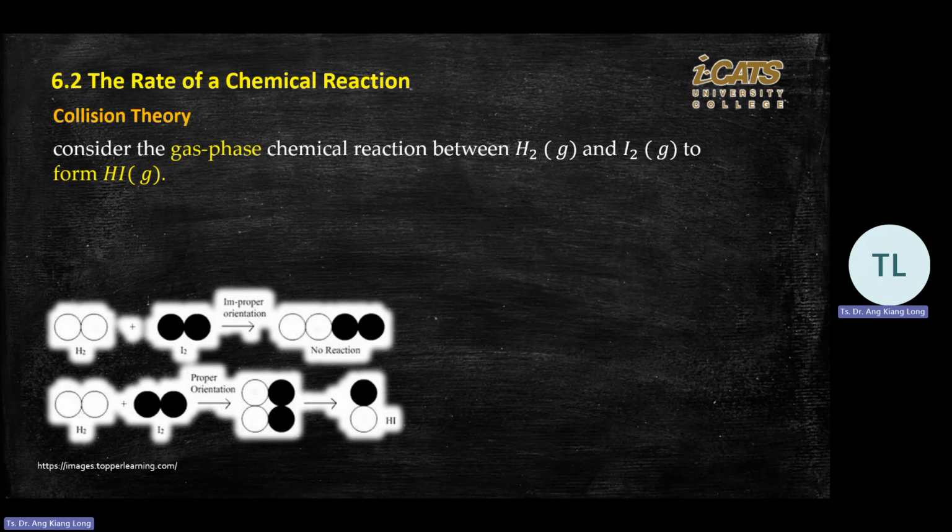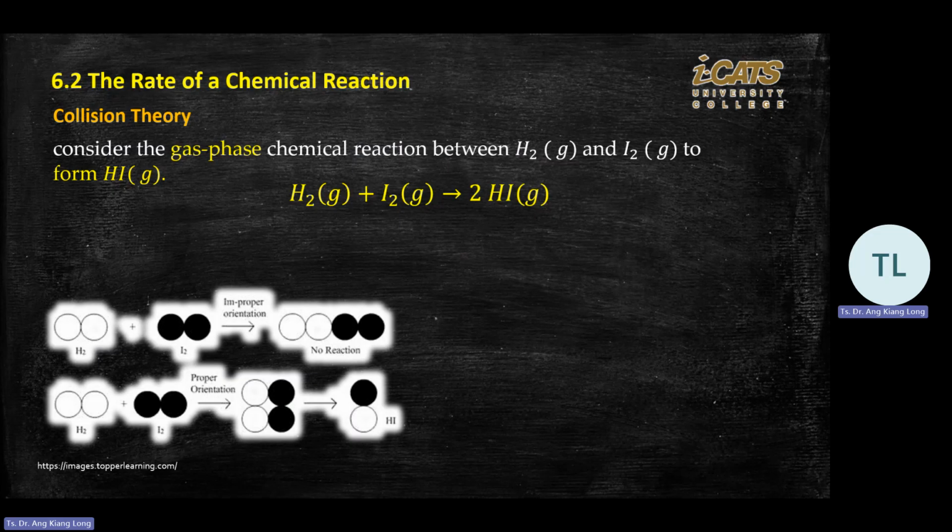If we take gas phases, we take H2 and I2, you mix them, will form HI, gas form, right? So if they ask you to explain reactant A plus reactant B forming product C, the steps will be the same.